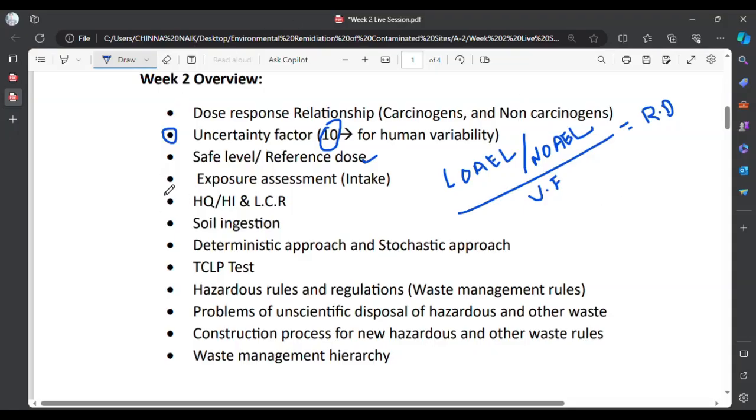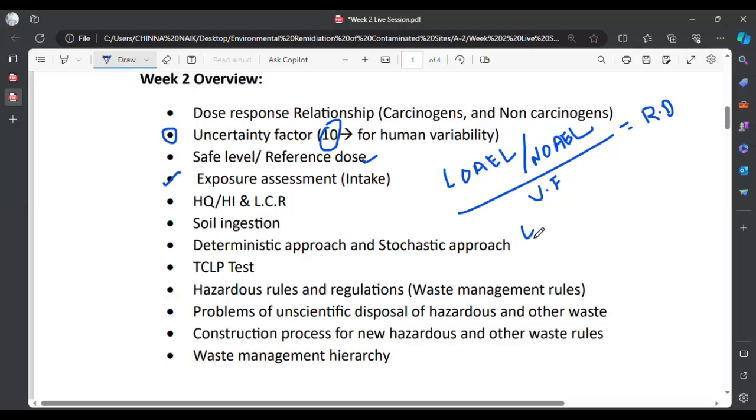Next, exposure assessment. We discussed exposure assessment on contaminated sites. For that there is a formula: exposure equals intensity times frequency times duration. I'll write it so you also note it down.